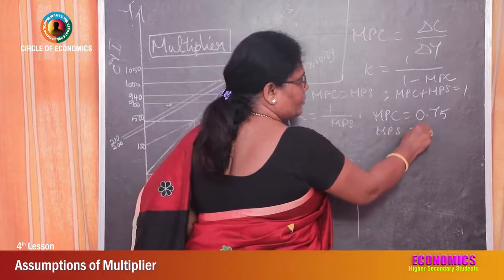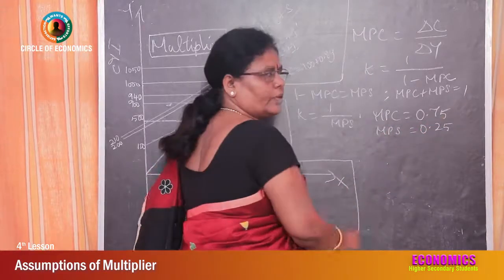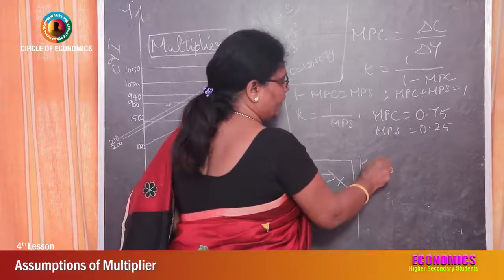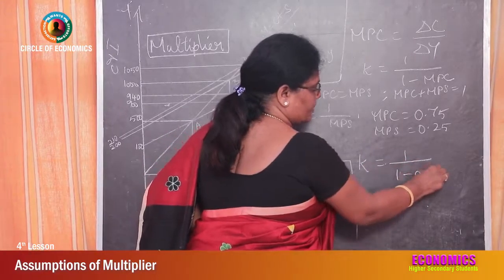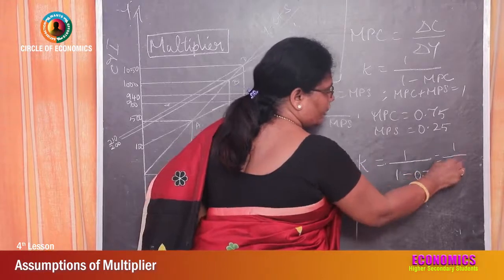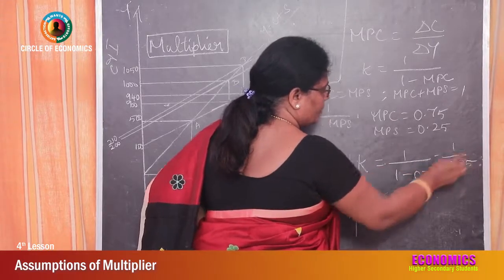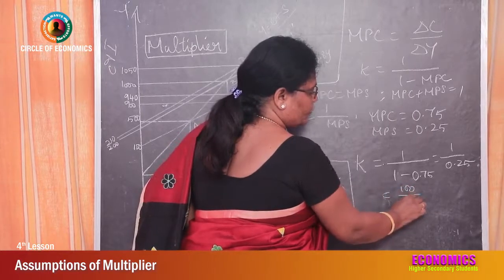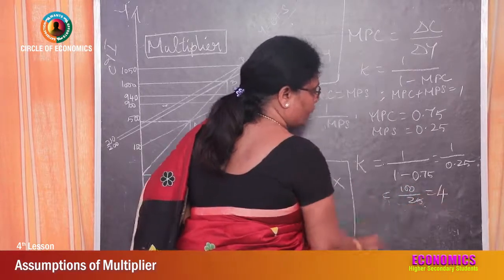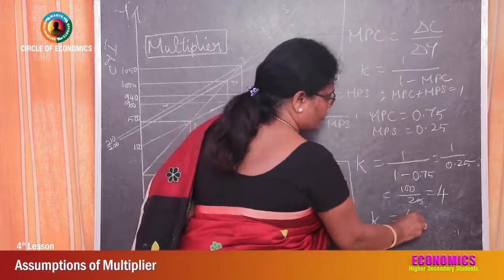That is equal to 0.25. Then what is the value of multiplier? K is equal to 1 by 1 minus 0.75, that is nothing but 1 by 0.25. Then you are getting what? 100 by 25, you are getting 4. What is the value of multiplier? K is equal to 4.